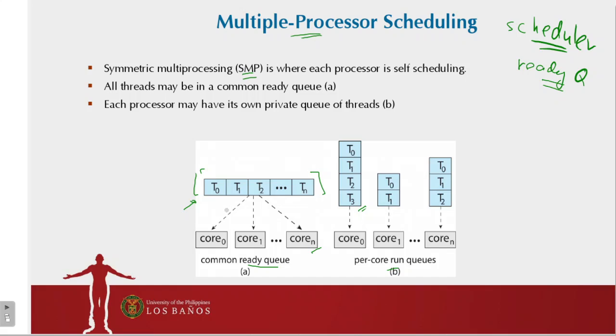Because if each core is self-scheduling, they need exclusive access to this shared ready queue, and that will require locking mechanisms, as we've discussed before. It's quite expensive to maintain, so it will affect the performance.